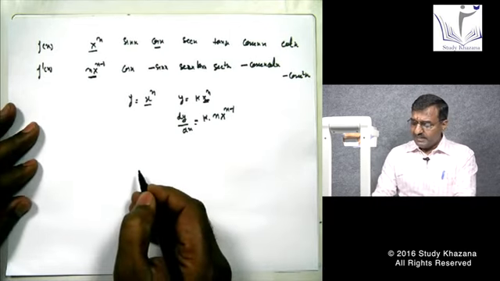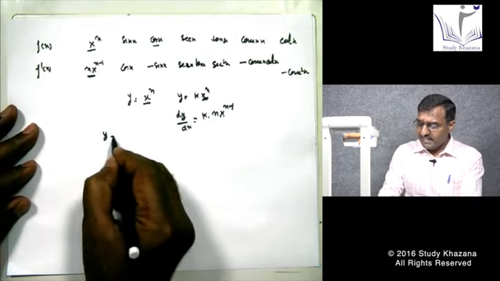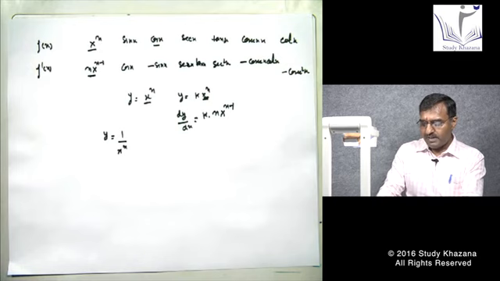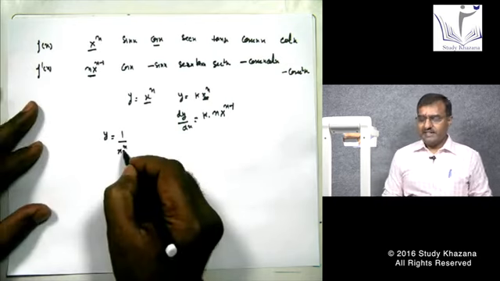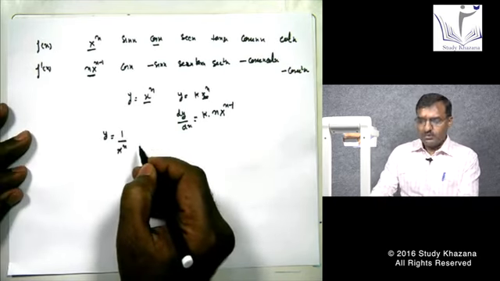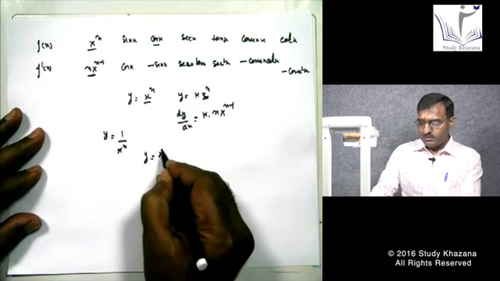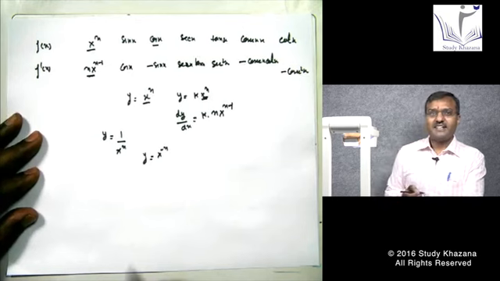Now if y equal to 1 upon x to the power n, how can I find the derivative? Simply I have to bring it into the numerator. So y equal to x to the power minus n.